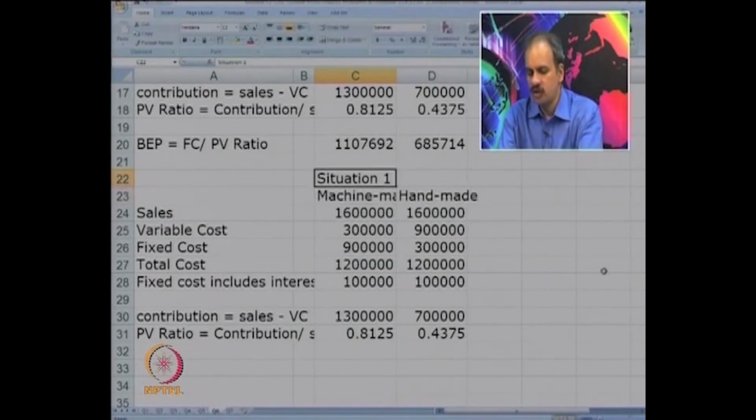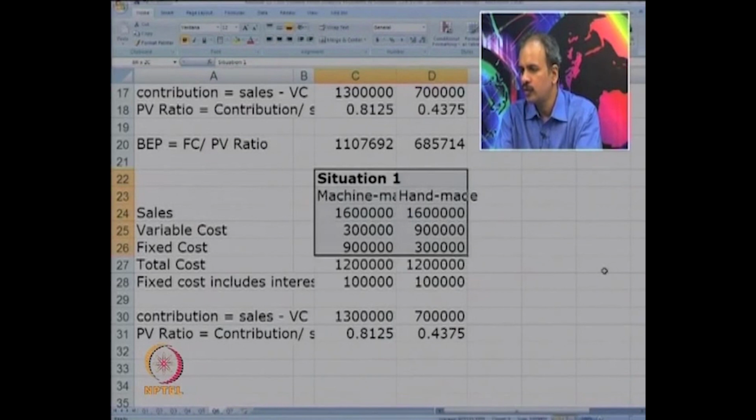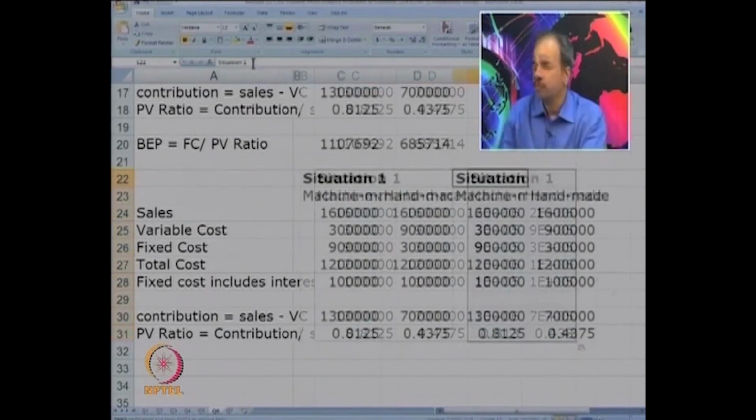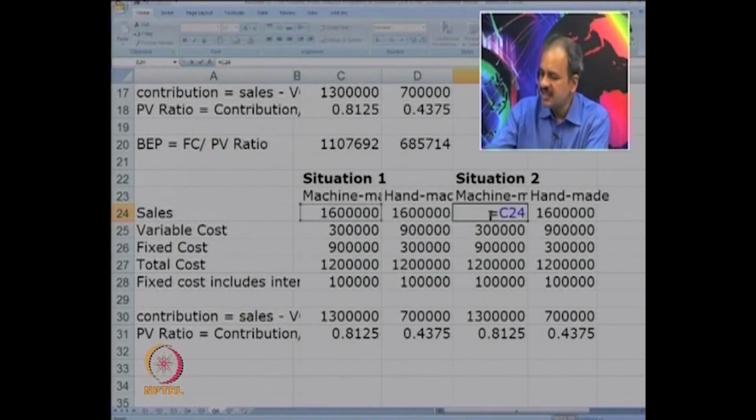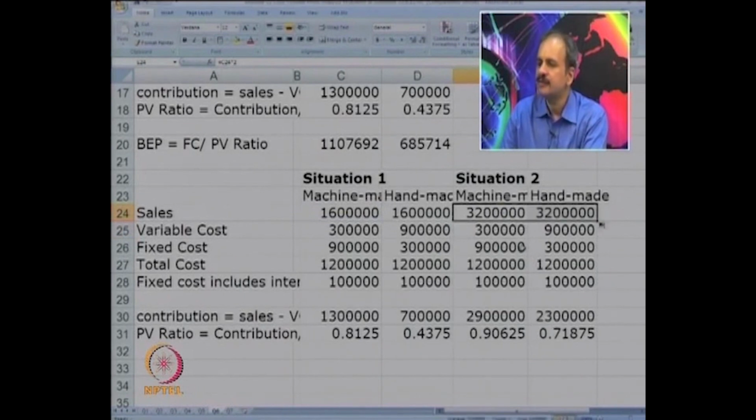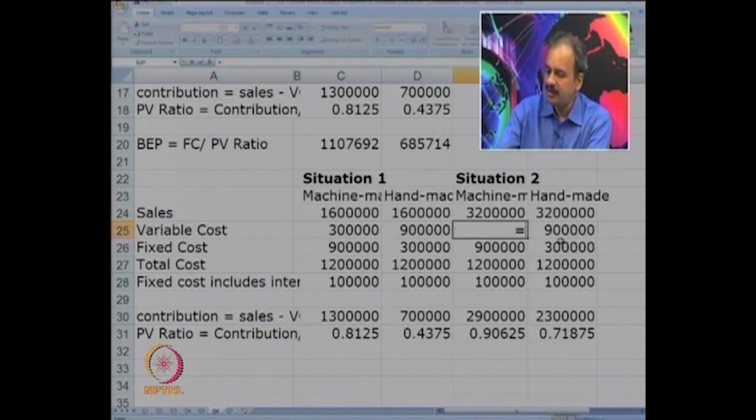So you know situation 1. Let us try to go for situation 2. Situation 2 is a scenario where we take double sales. So instead of 16 lakhs, the sales have become 32 lakhs. What will be the new variable costs? They will also double.